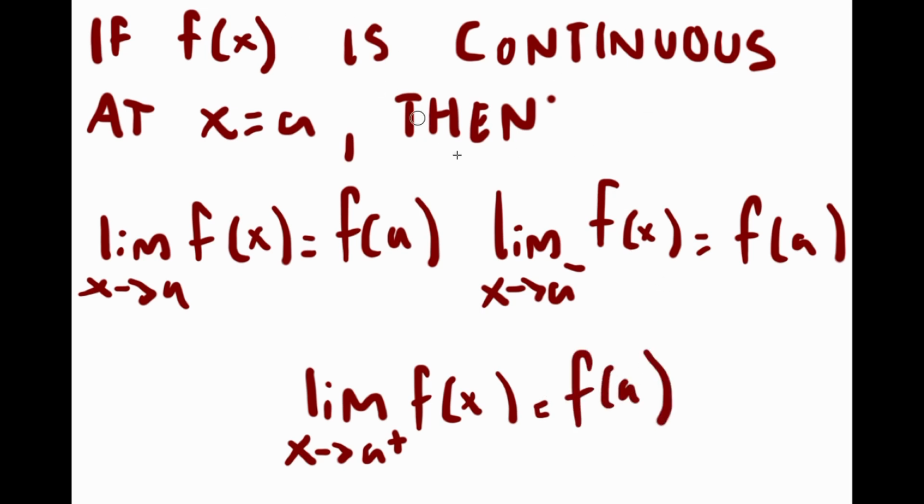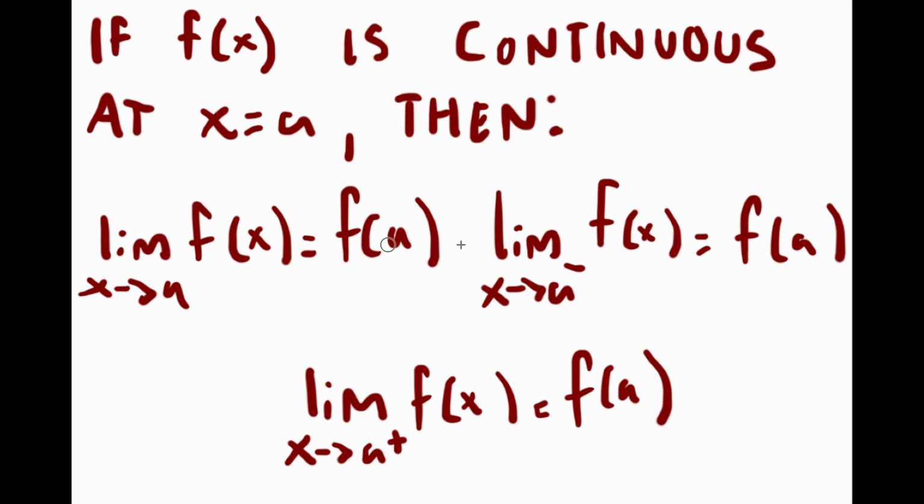So if f of x is continuous at x equals a, then all of this will be true. The limit as x approaches a of f of x is equal to f of a. The limit of f of x as x approaches a from the left-hand side is f of a, and the limit as x approaches a from the right-hand side of f of x is equal to f of a as well.